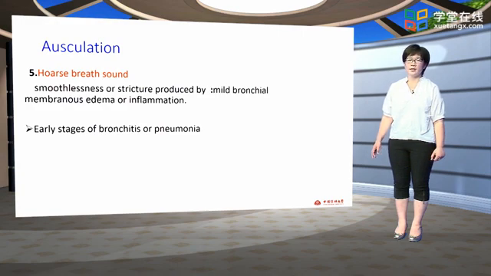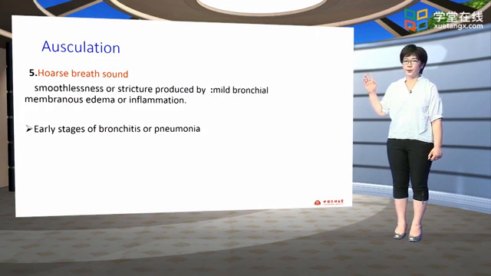And the fifth is the hoarse breath sound, roughness or stricture produced by mild bronchial membranous edema or inflammation. It is usually seen in the early stages of bronchitis or pneumonia.